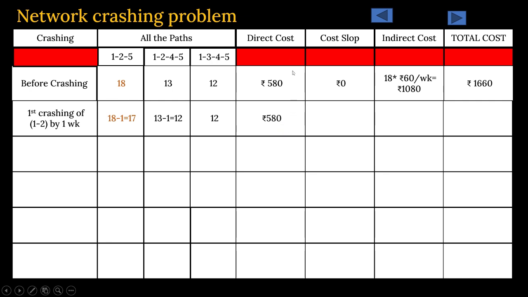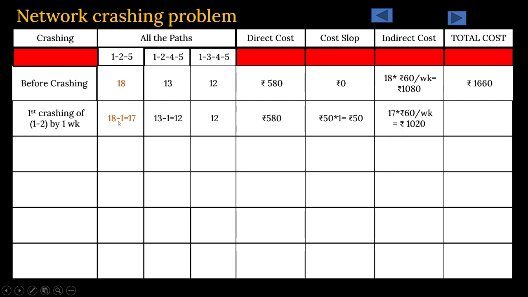First of all, direct cost will remain 580. Then you have crashed it by 1 week. 1 week crashing involved rupees 50. 1 week crashing, 50 multiplied by 1, that is rupees 50 is the crashing cost incorporated. Then what will be the overhead cost?